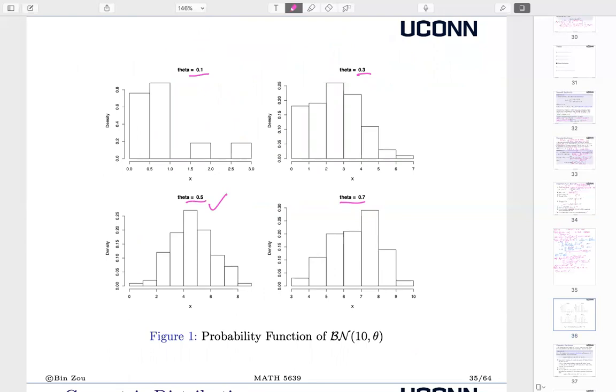When theta gets bigger, it has more weight on the right-hand side, and the left-hand side has more tail. So it's called negatively skewed, or skewed to the left. I will stop here for this video. In the next video, we will continue our studies on discrete random variables.